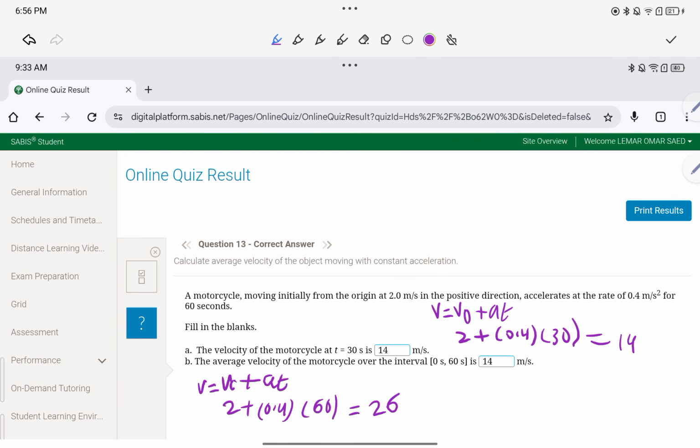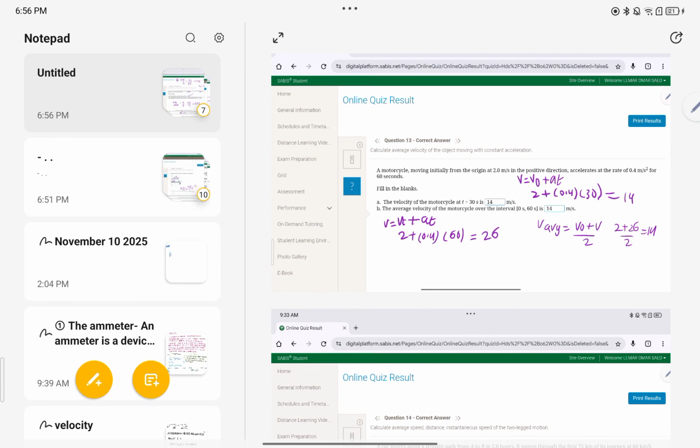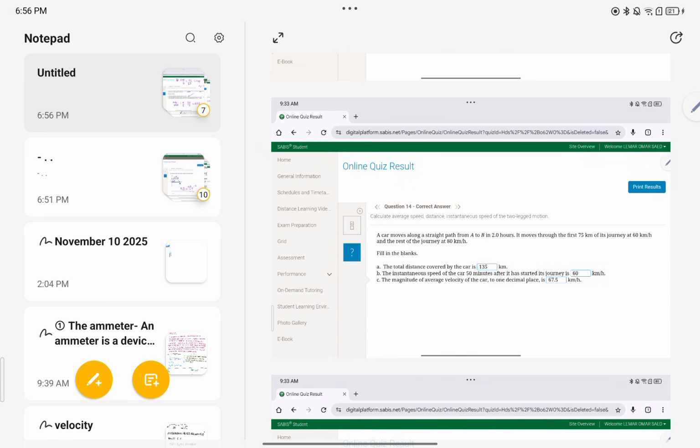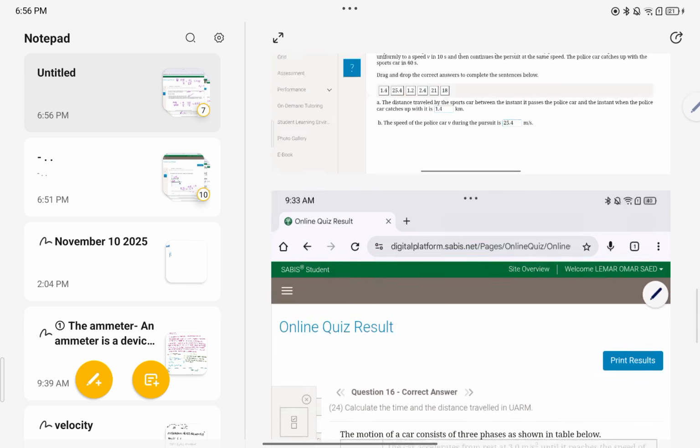And the average velocity is equal to V initial plus V over 2. So 2 plus 26 over 2, you will get 14. Um, 14 is repeated. Okay, now 15.